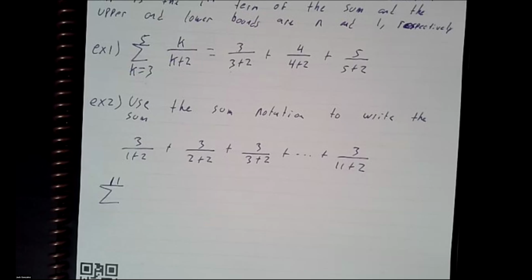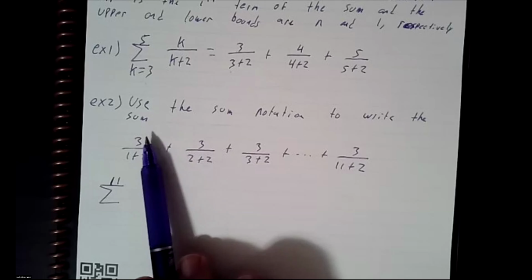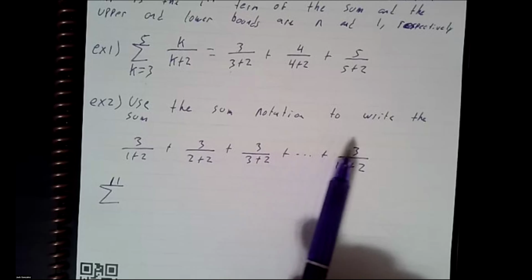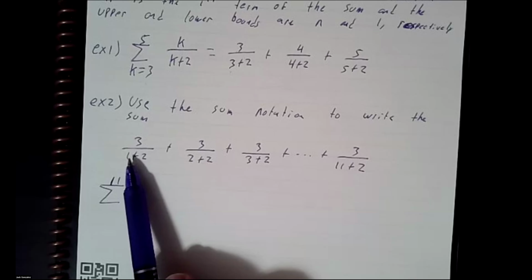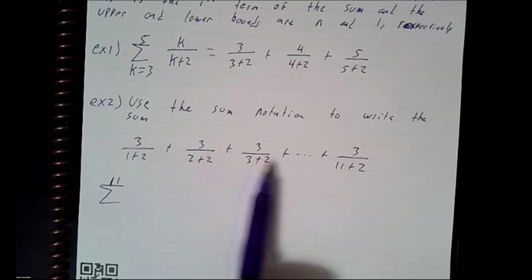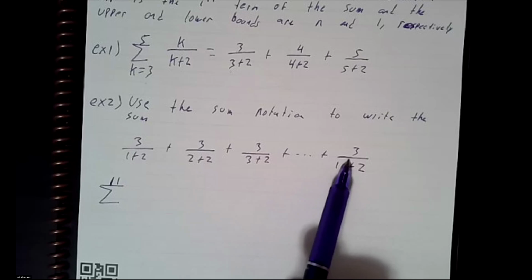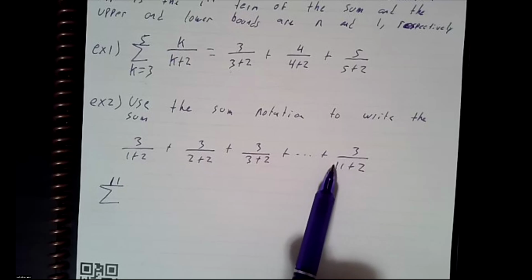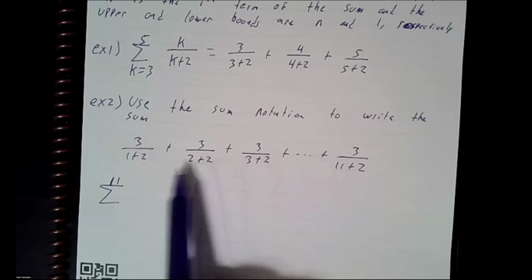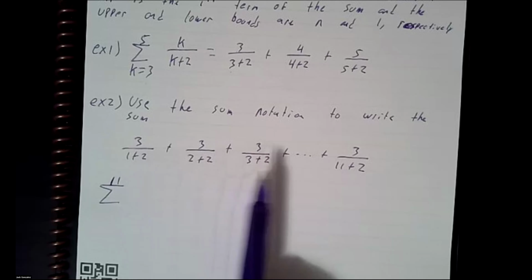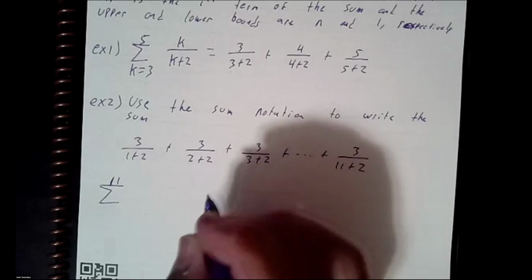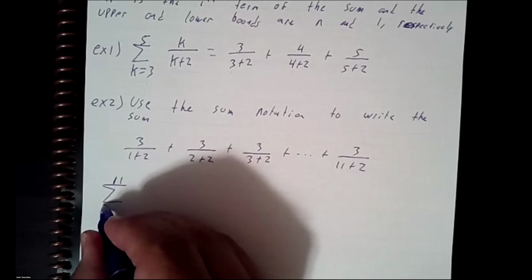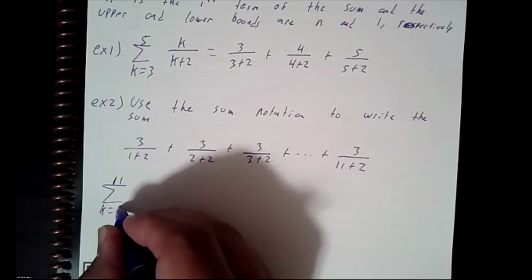At 3? Let's see. The 3 is fixed the whole way, right? So the 3 is not changing. It looks like the part that's changing is the 1, 2, 3, all the way to 11, right? So this piece is like your variable. And it starts here and it goes to 11. Does that make sense? We can call it k, I guess.